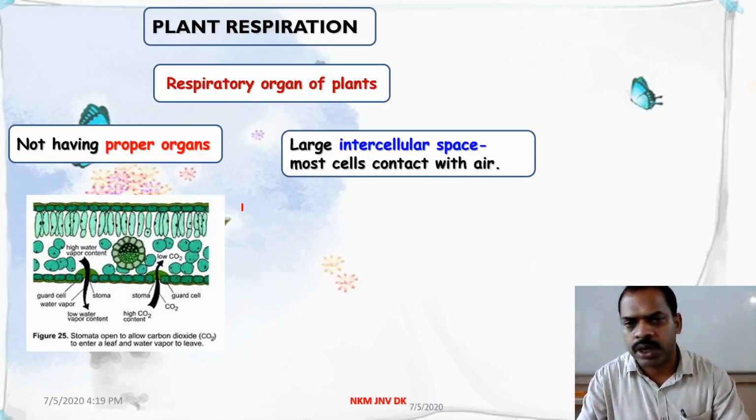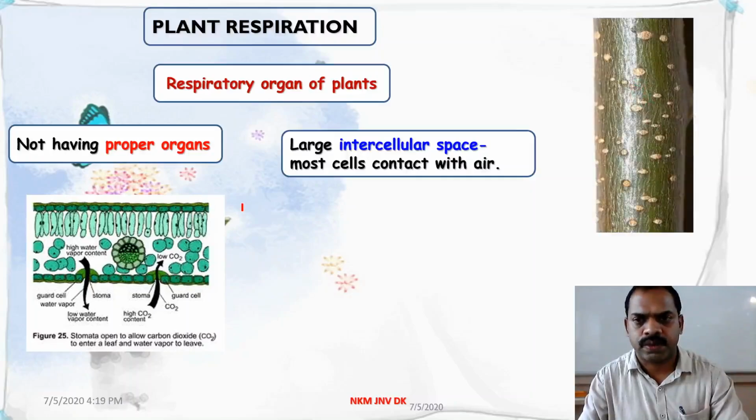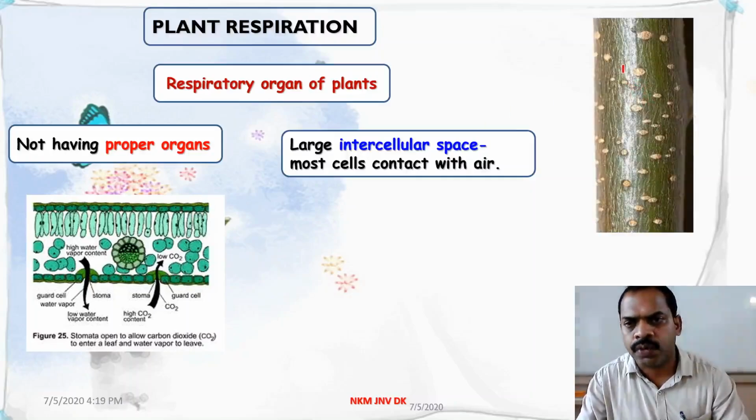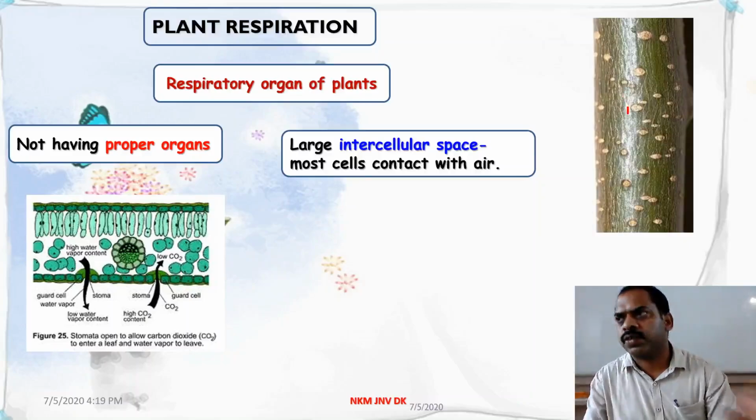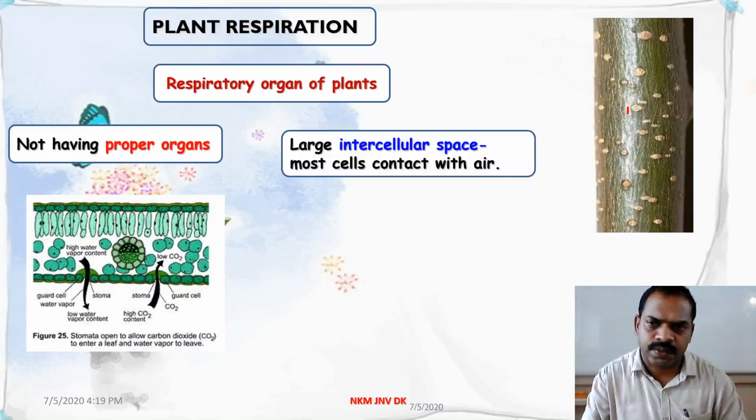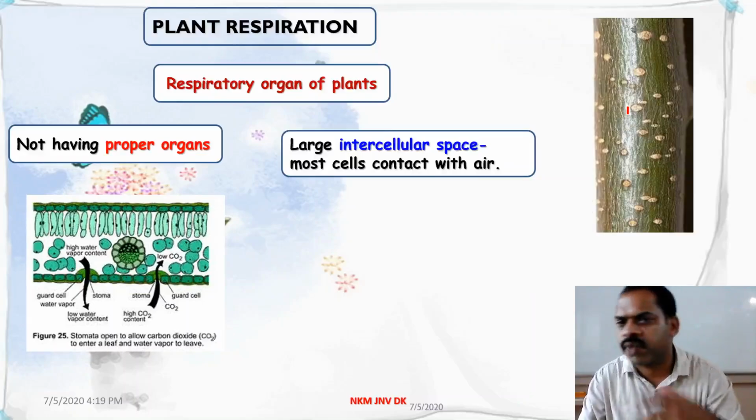They do not need a particular organ for respiration or breathing. And if you watch the stem of the plants, you see really small cracks. This is a young stem, with small cracks. In bigger, older stems you can see wider cracks.